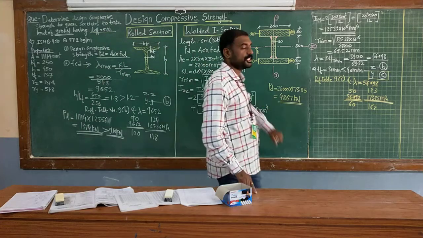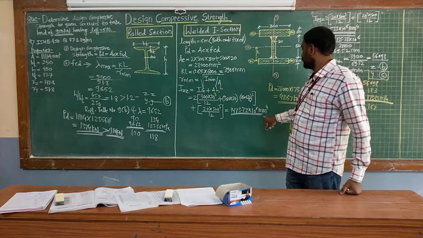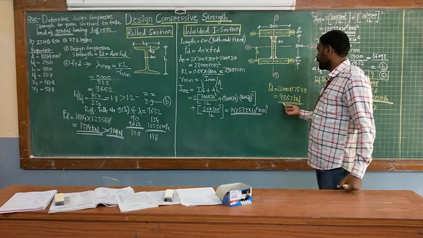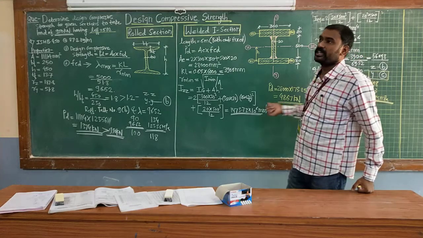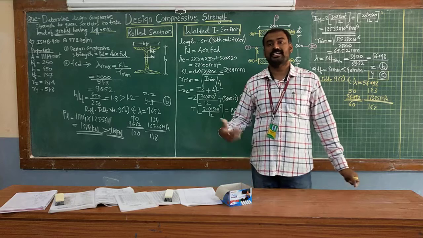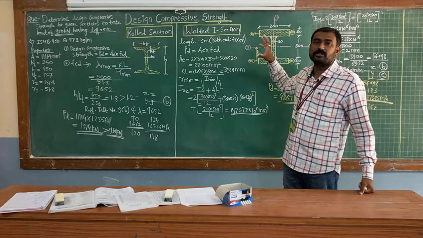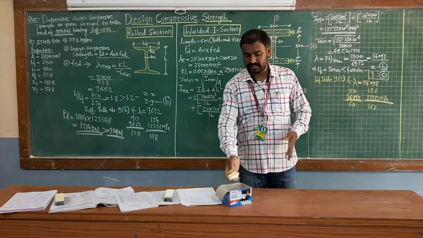Final strength of your section is 4867 kilonewton. Correct? So this is a much greater strength compared with your rolled section. Near about 5000 kilonewton it is going to carry. So generally for industrial structures your columns or girders are designed with welded sections. In case of light loading we go for rolled sections. Correct? So here the numerical is completed.